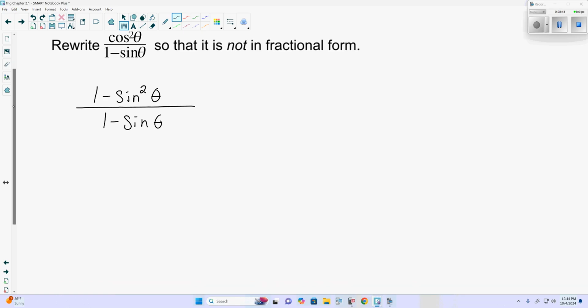But 1 minus sine squared is a difference of perfect squares. And I could factor it to 1 minus sine times 1 plus sine. And this is all over 1 minus something in common on top and bottom, yes?